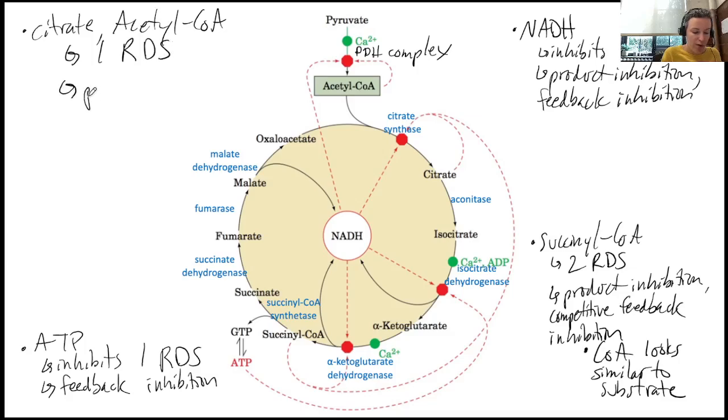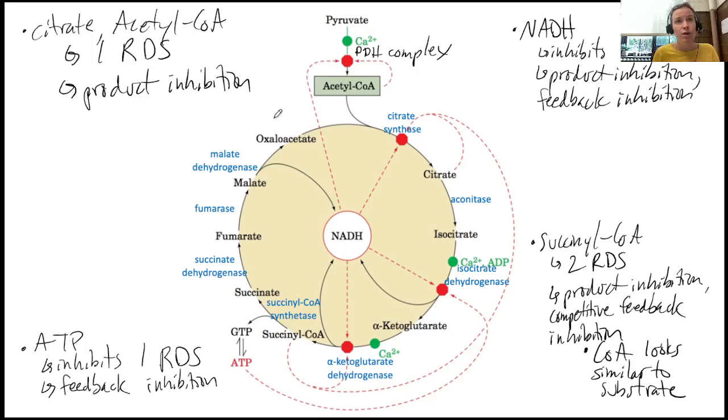And these are more straightforward because we can tell that those are definitely product inhibition of the enzymes that make them. And so this is what's happening for regulation of the citric acid cycle. You see here that NADH is a main hub of regulation. It's inhibiting every single rate determining step. But we have more going on than just this.